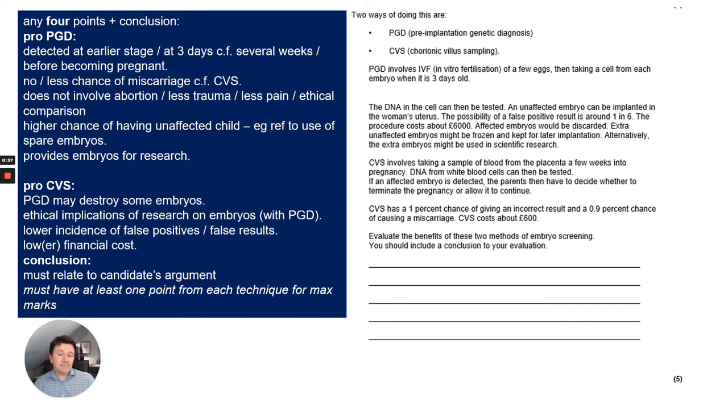Against PGD, it may destroy some embryos, so there are some problems with PGD. Pro CVS means there's a lower incidence of false positives and less financial cost, and then you've got to relate it to your argument. It says you must have at least 1 point from each technique for maximum marks.